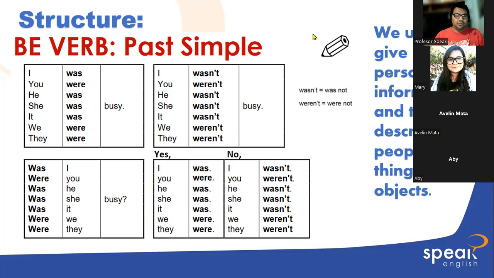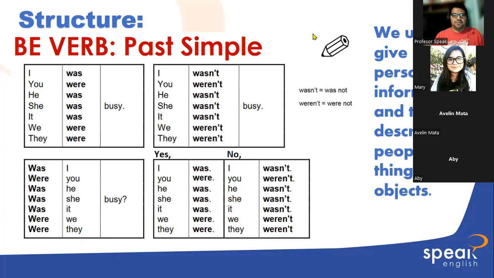To describe people is what they were. They were funny, they were interesting, they were boring people, they were amazing people. Okay. And then you can do that also to describe things or objects.